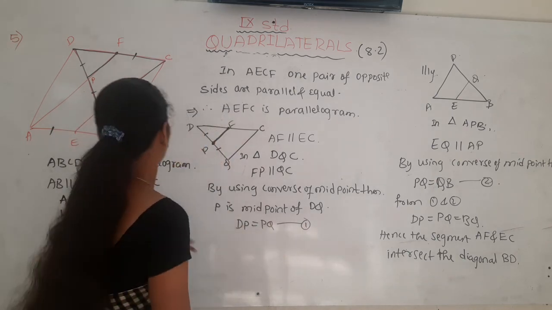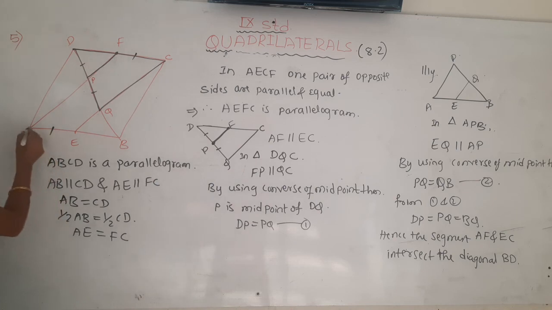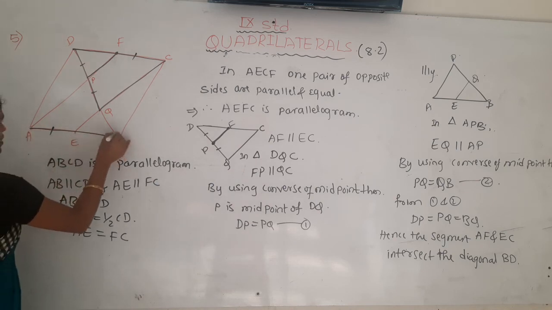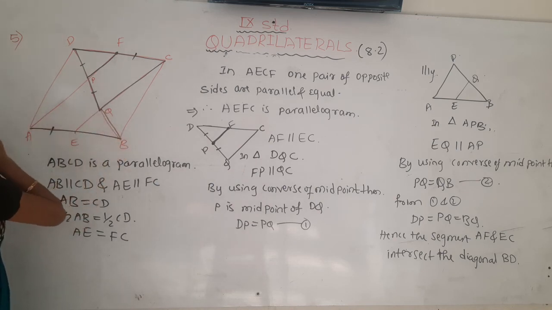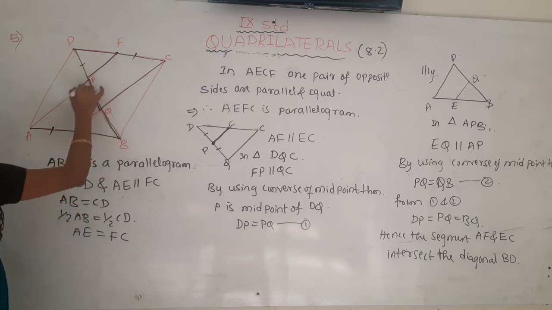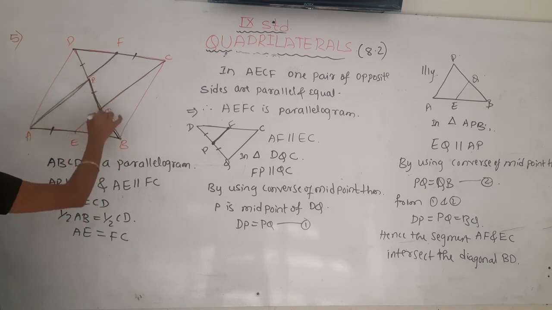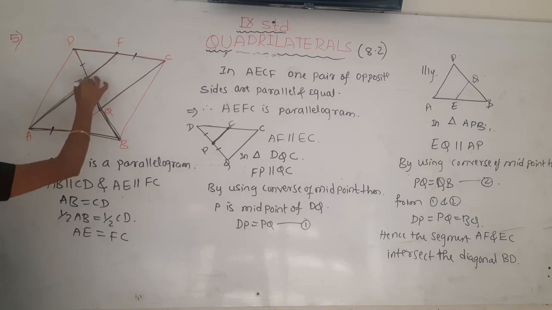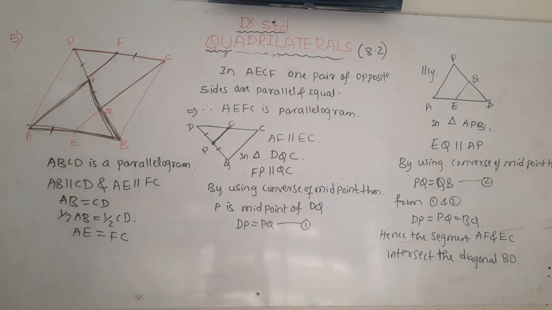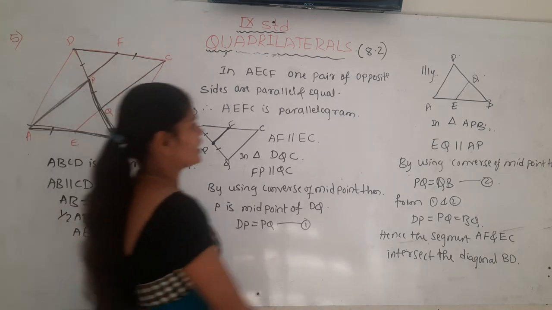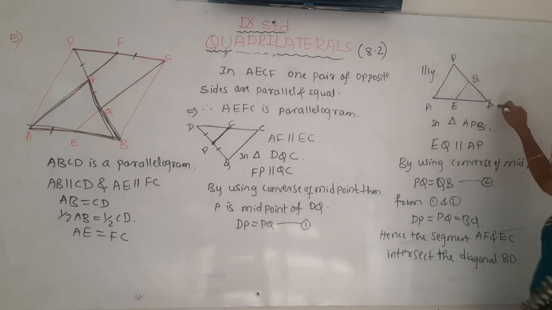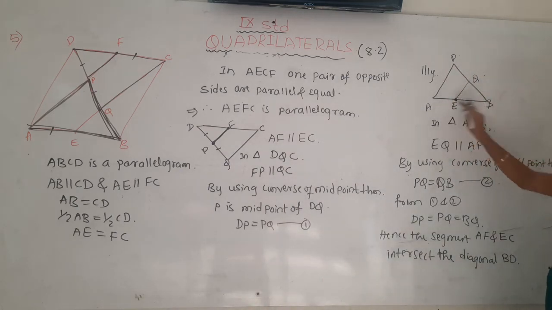And same way, take one more triangle, we have to select next. Yes, in triangle APB, here E is a midpoint of AB.